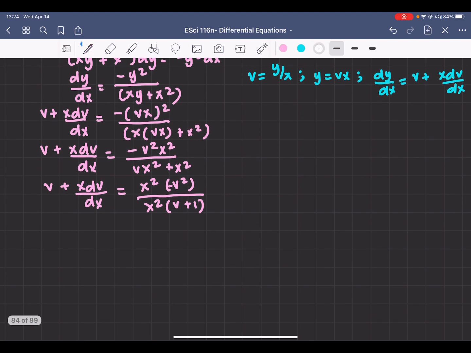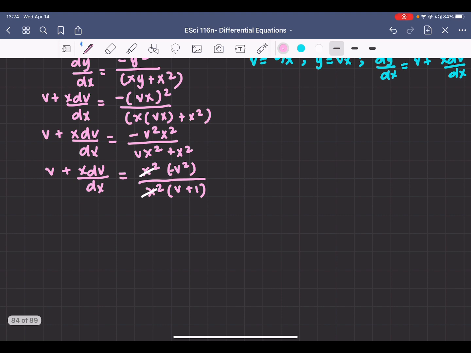Then we can cancel out x squared because it exists both in the numerator and denominator, and it equates to 1. So now we have x dv over dx. We're going to move our v to the right side. That's negative v squared all over v plus 1 minus v.